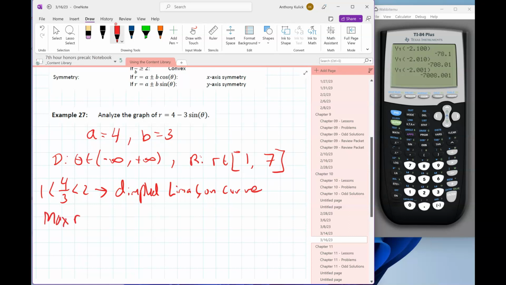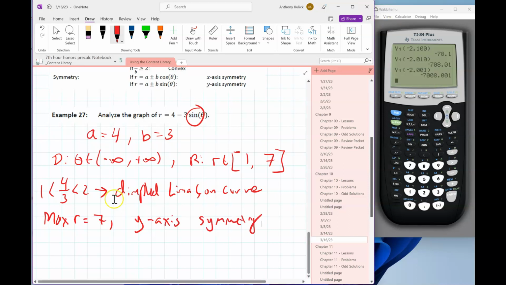Our max R was 7. Then we have symmetry. Because it's a sine, we know we're symmetric about the y-axis. And that's kind of all she wrote.